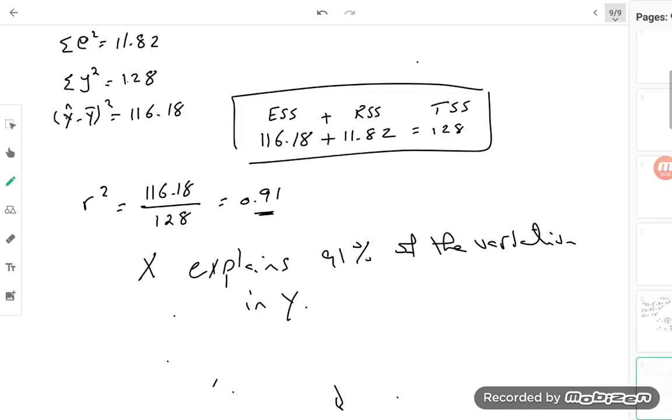What about the F statistic or F test? F ratio is another statistic that indicates the overall significance of the regression. So here we would like to test a null hypothesis that A equals B equals 0.